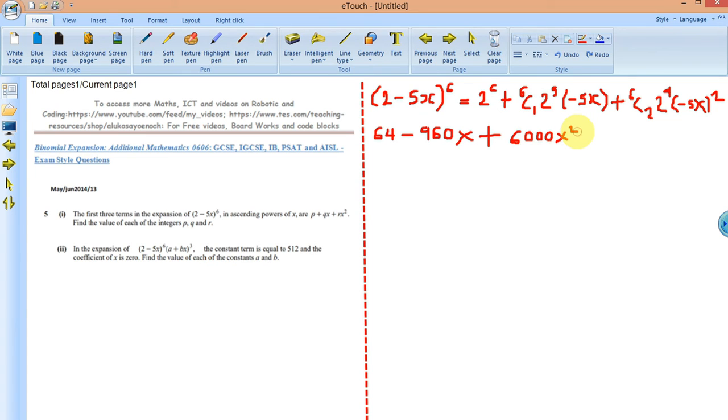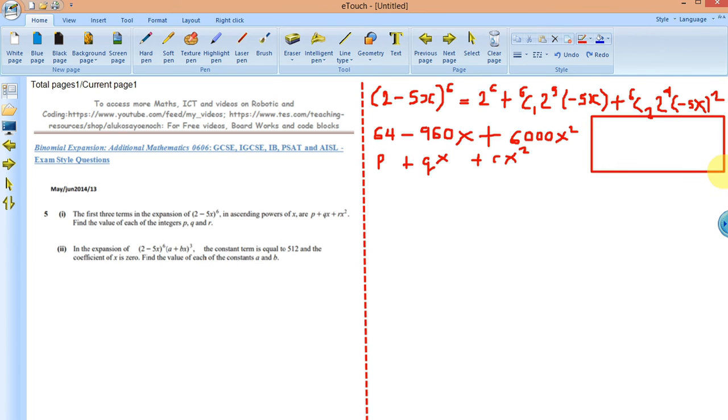Okay, and this is find the value of, so if you compare this with p plus qx plus rx squared, you compare the constant value, the coefficient of x and x squared, then we can conclude, let me put it in a rectangular box now.